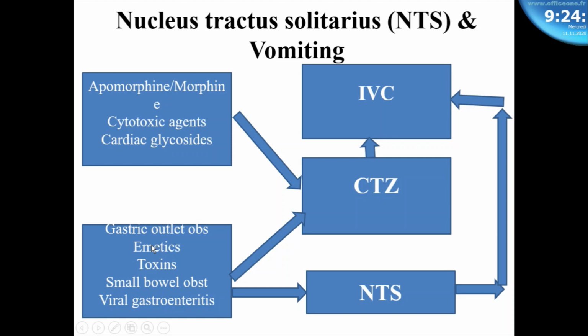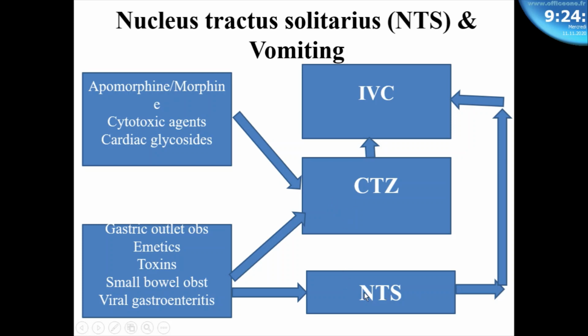Opioid is another drug. For example, apomorphine, morphine, pethidine, codeine, and tramadol can cause nausea and vomiting through stimulation of chemoreceptor trigger zone.